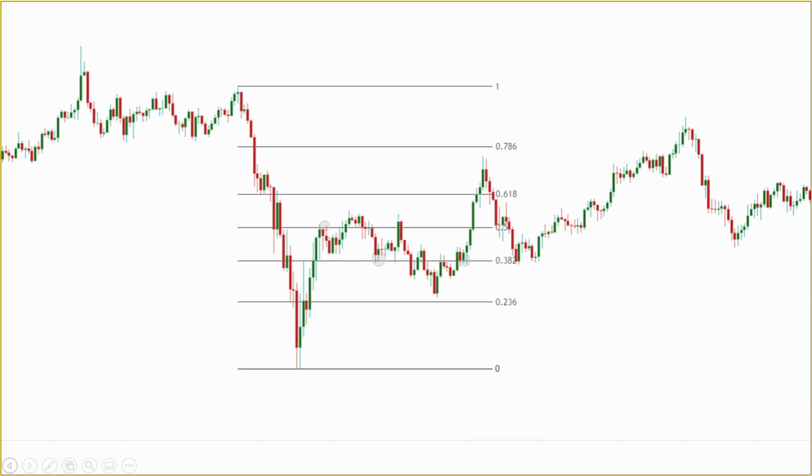And after that, all the ratios can function as support or resistance, and the ratios are actually percentages of the move, so the move up or the move down in this video, or as you can see on this photo. And I will now show you how this works and the different ways you can draw the Fibonacci retracement.